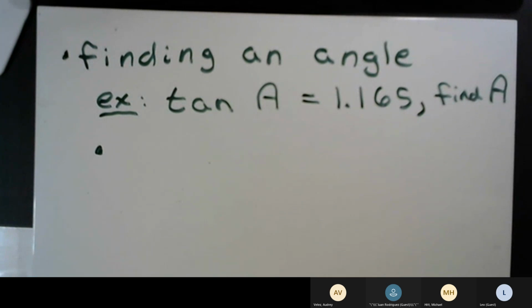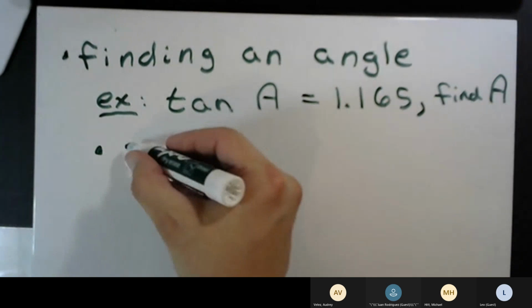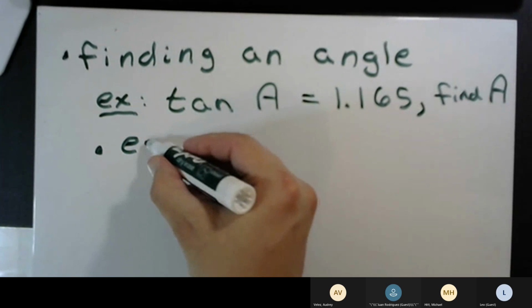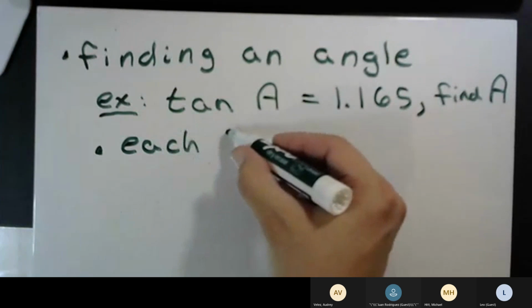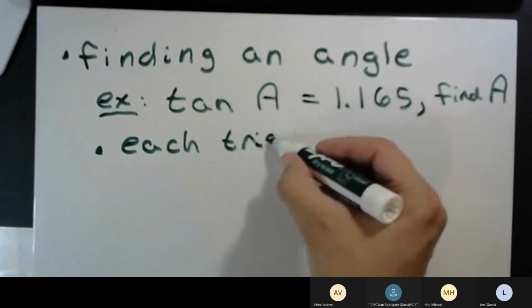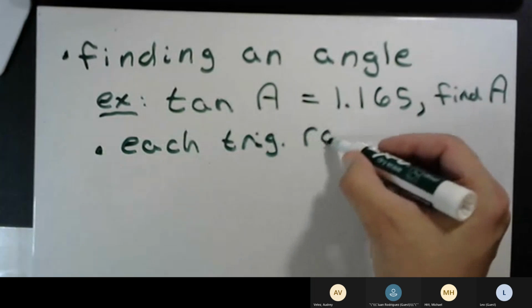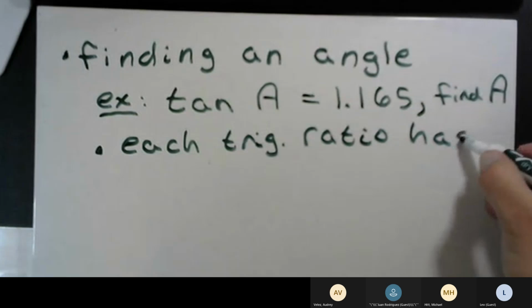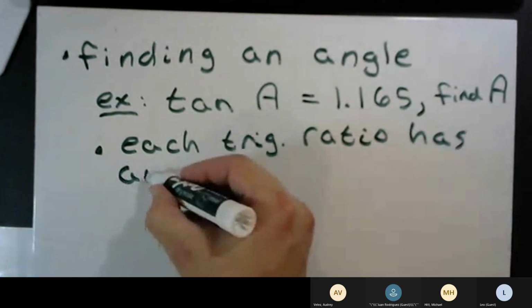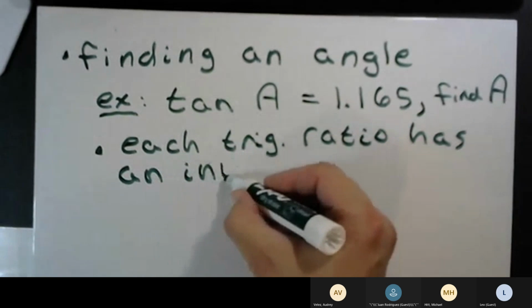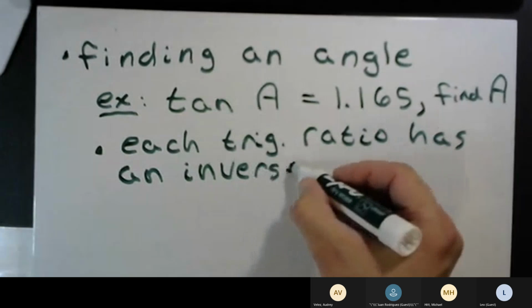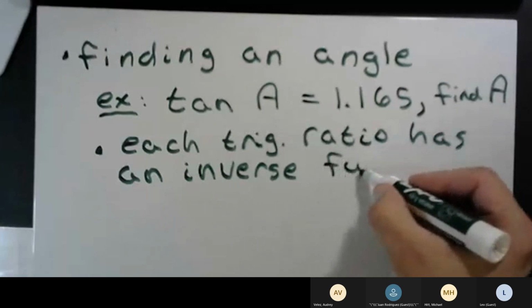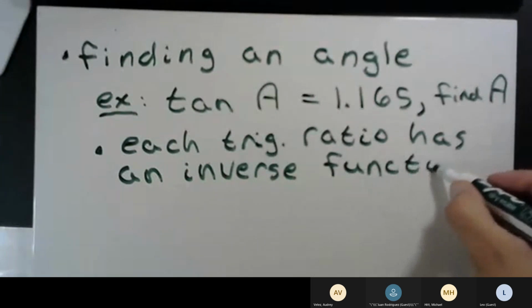Now, how do we do that? Well, what we have to do is use inverse functions. Each trig ratio has an inverse function.